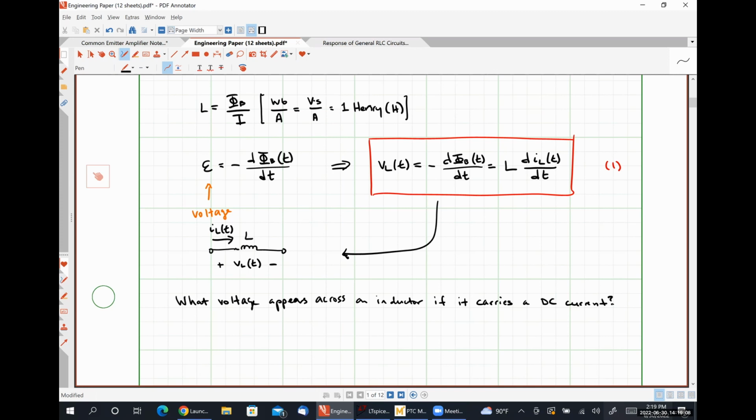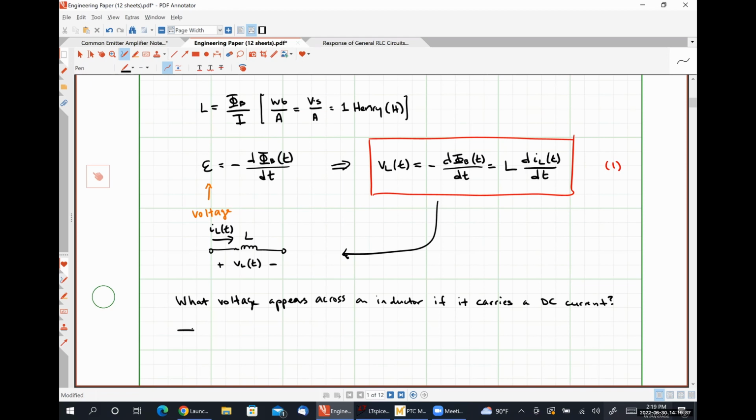Okay. So from our equation, we know that the voltage that appears across the terminals of an inductor is proportional to the change in the current flowing through the inductor. So if an inductor is carrying a DC current or a non-changing current, then the voltage drop across the inductor has to be 0 volts.